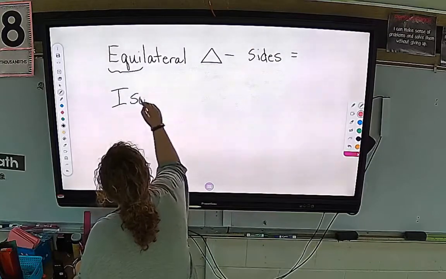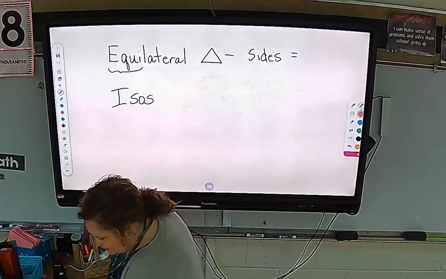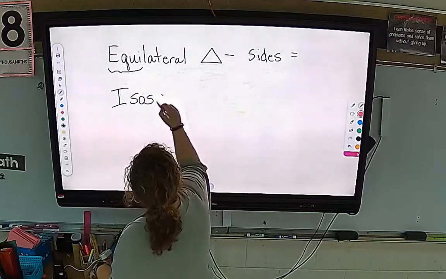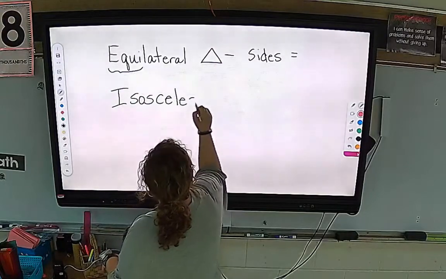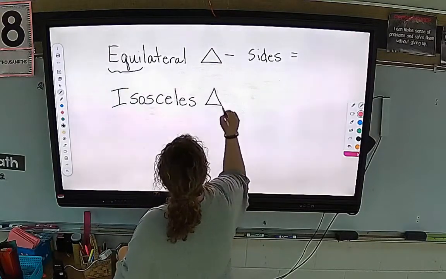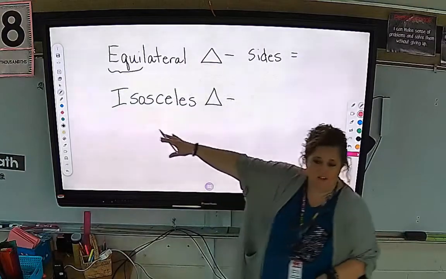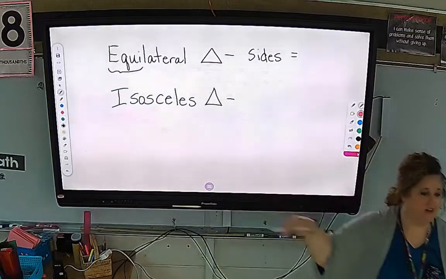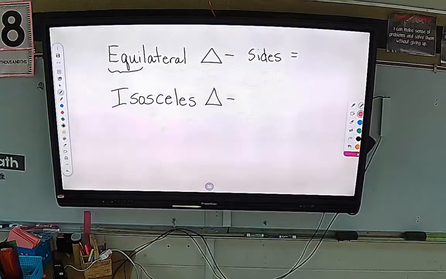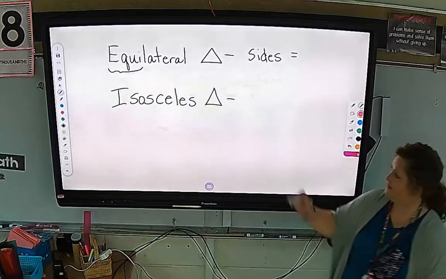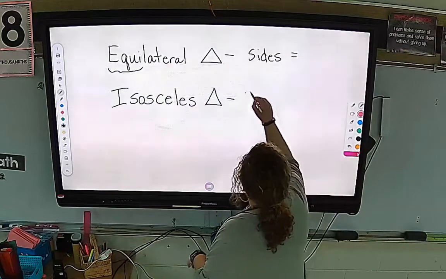In fact, I got to check myself on the spelling. All right. Isosceles. Y'all say that. Isosceles. Isosceles triangles, only two sides are the same length. Okay? So two sides are equal.